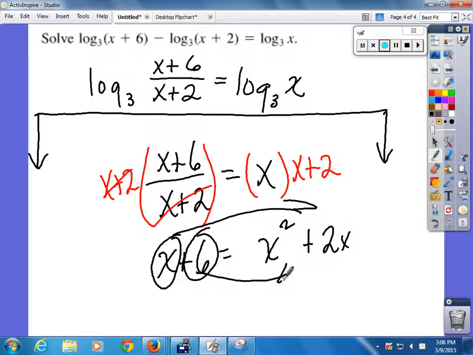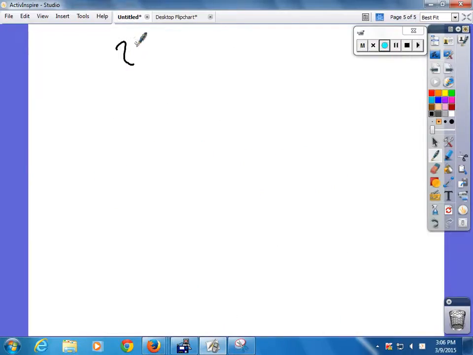And that'll give you 0 is equal to x squared plus 2x minus x. And 6 across the river is minus 6. So x squared plus x minus 6.